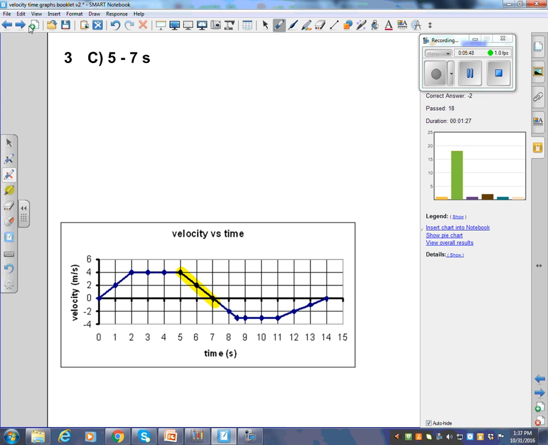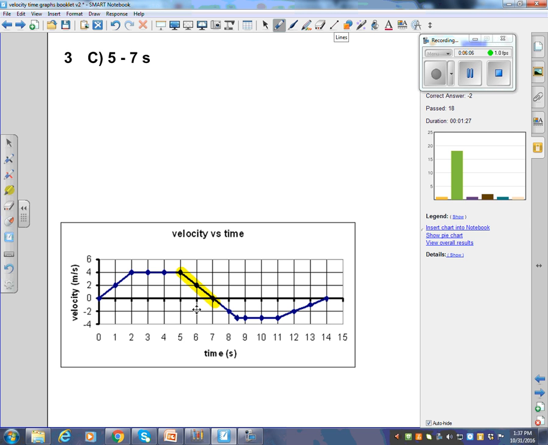The slope here, now, we seem to have lots of different answers. So let's have a look at this. I would suggest you write this down, especially if you got it wrong, right? So from 5 to 7, the second point is this one here.